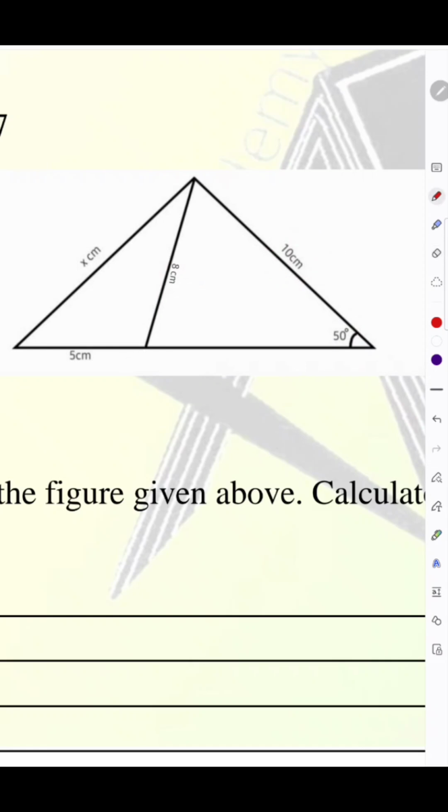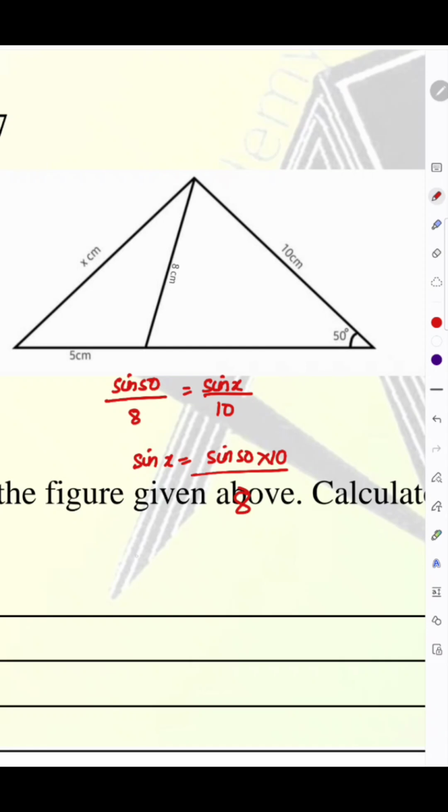Now I'm applying sine rule. So sine of angle 50 over 8, because that is the opposite side, is equal to sine of x over 10. Now this will be sine x equals sine 50 times 10 over 8.